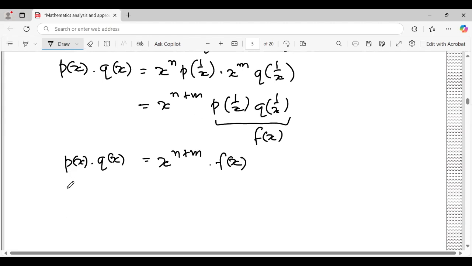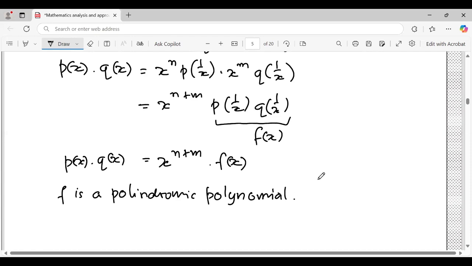So we can state that f is a palindromic polynomial. Next question.